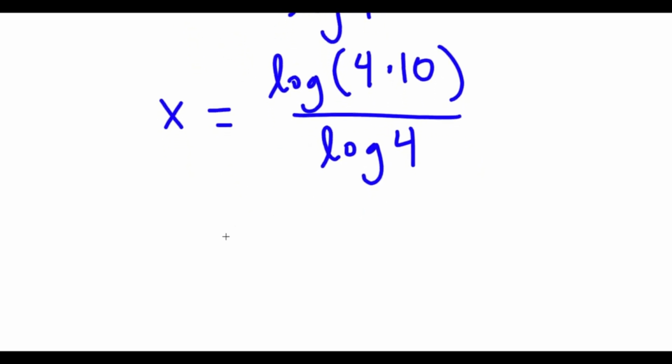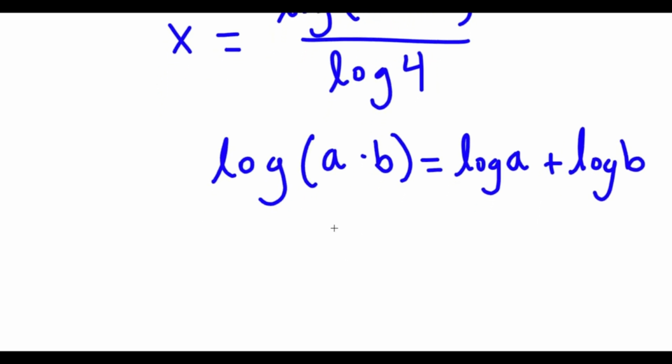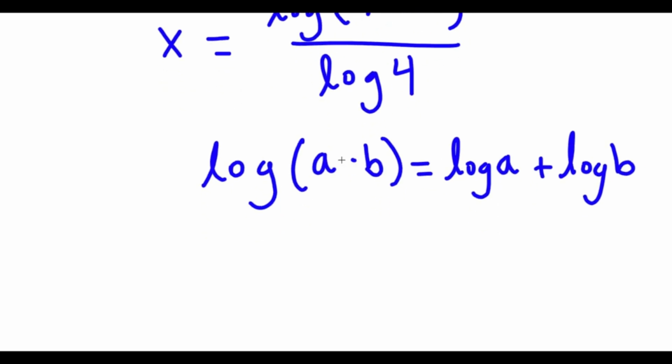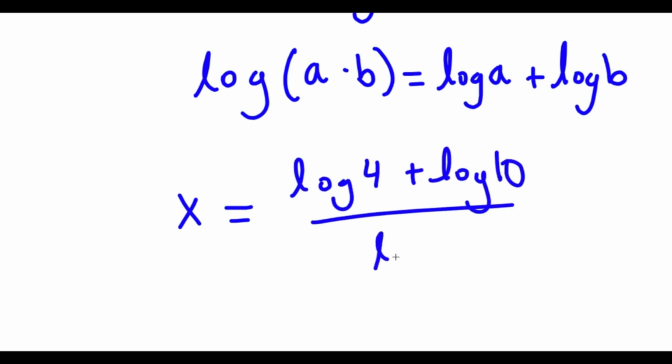And now if I have something in the form log of a times b, this is equal to log a plus log b. So in this case, I have log of 4 times 10. So this is equal to log 4 plus log 10. And now I have this over log 4.